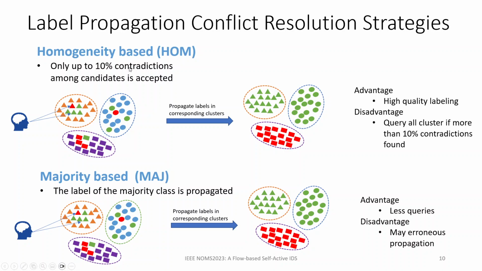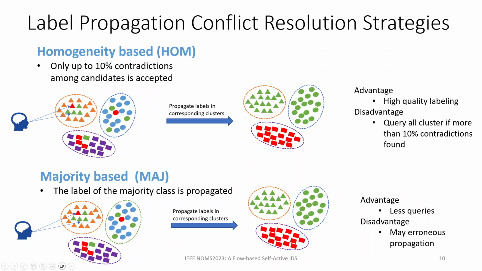If more than 10% contradiction is found, we query the whole cluster, and then we do the label propagation as before. The advantage is that we provide high quality labeling. But the disadvantage is that in the worst case scenario, we need to query all the samples in the cluster.